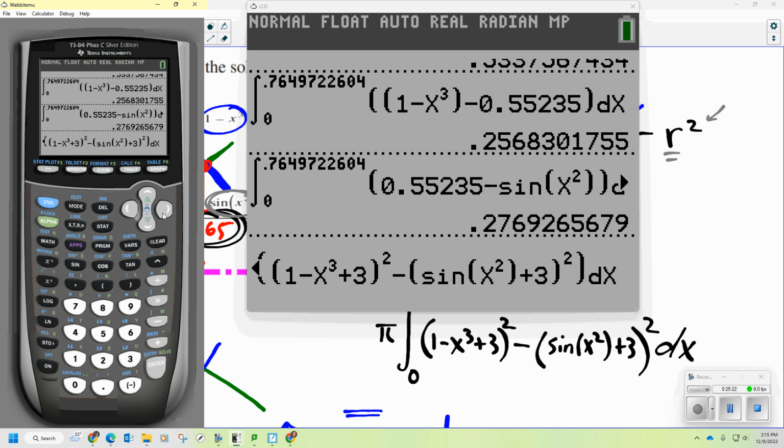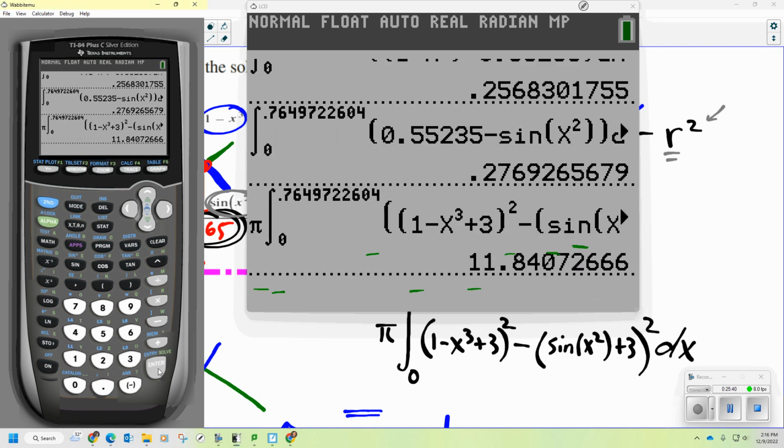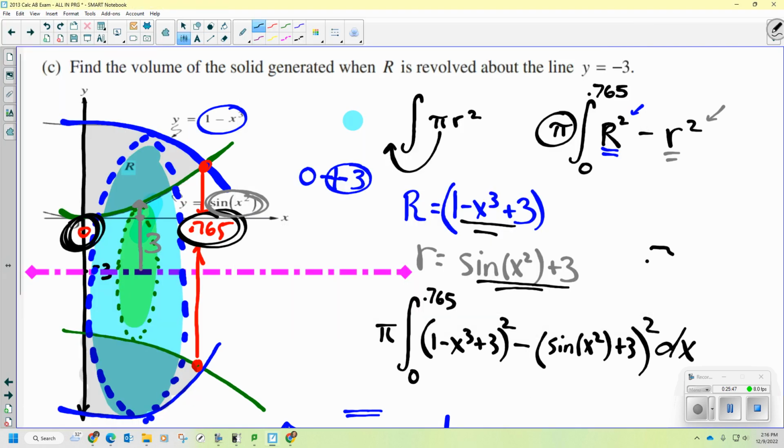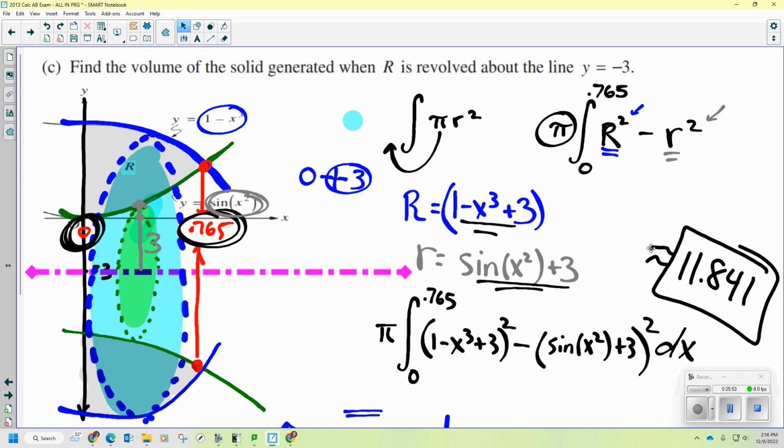Open, close, open, close, open, close, open, close. They all match. Sometimes you forget one. My dummy variable is x, and I hit enter. 11.841. That is approximately 11.841. We are done with 1A, B, and C.